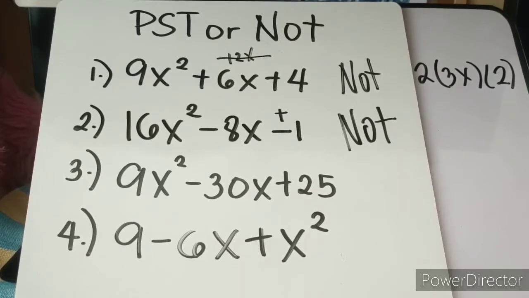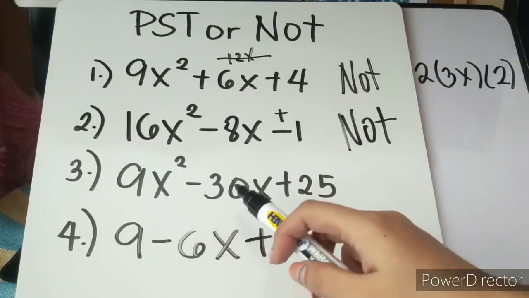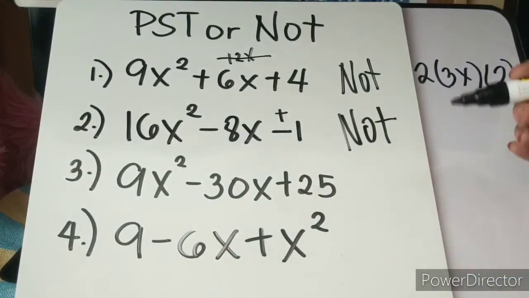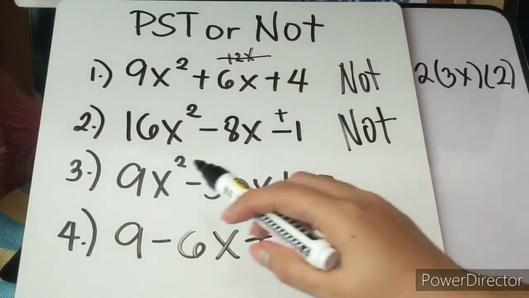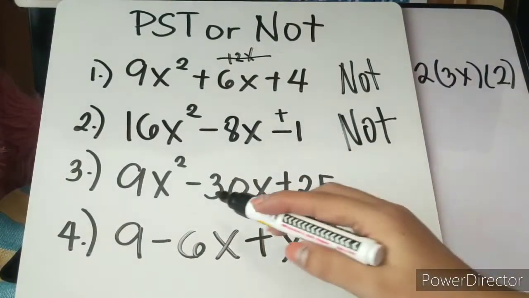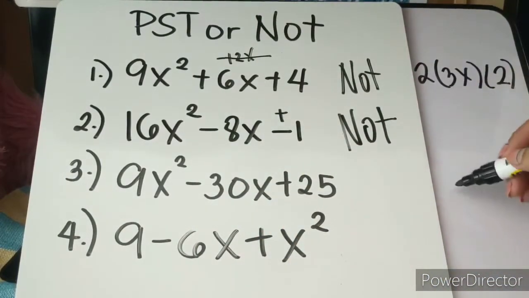And then, let's now check yung pang number 3. 9x squared minus 30x plus 25. So, perfect square si first term. Perfect square si third term. Kasi 5 times 5, ito 3x times 3x. Ngayon, tignan natin kung kunin natin yung twice ng product ng square root ng first term. Square root ng first term is 3x.